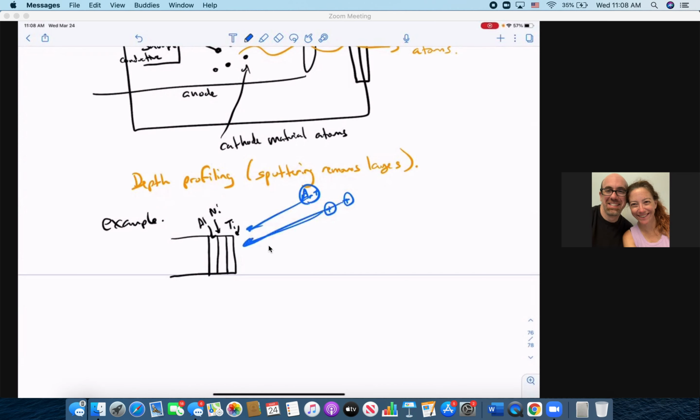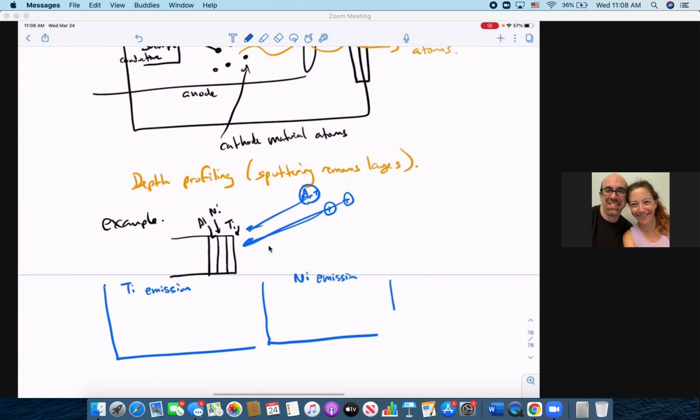Okay. If you look as a function of time, if I look at the emission for titanium, so in other words, I pick an emission line of one of the titanium transitions I'm interested in, and if I plot a nickel emission and aluminum, just for fun, right?